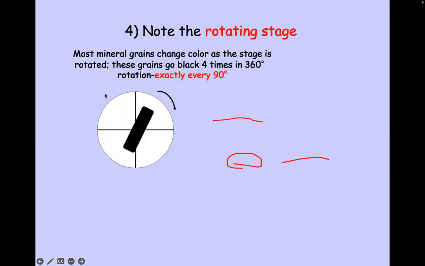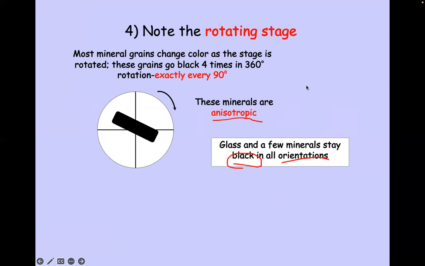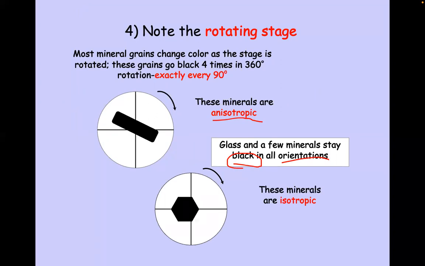Just keep in mind that there are one or two directions, depending on the mineral. In anisotropic minerals, in some minerals only one direction, in some minerals two directions, this reorientation cannot happen.